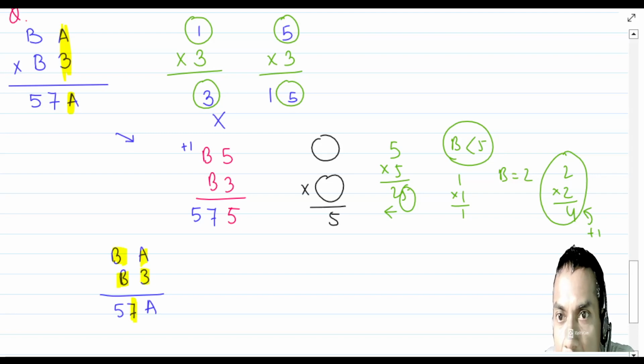That means 3B plus, here A already we chose as 5, 5B, and there is plus 1 carry forward, because here we chose A as 5, and at that time the 1 was carry forward.